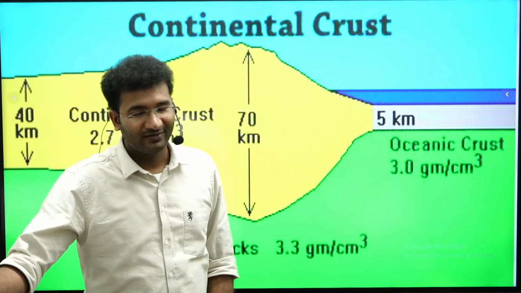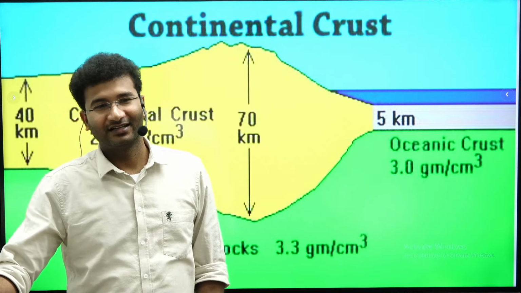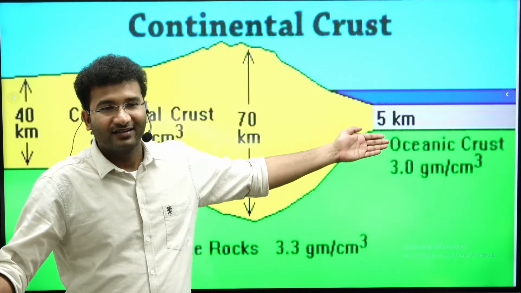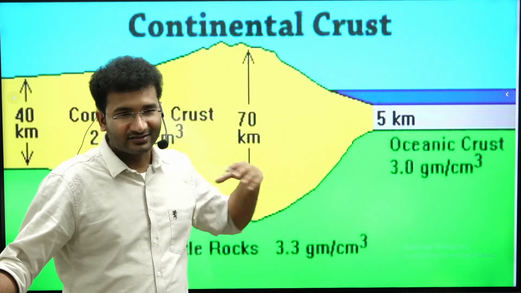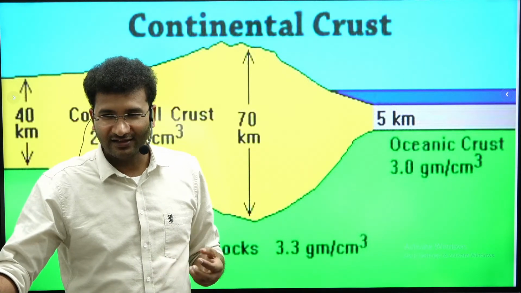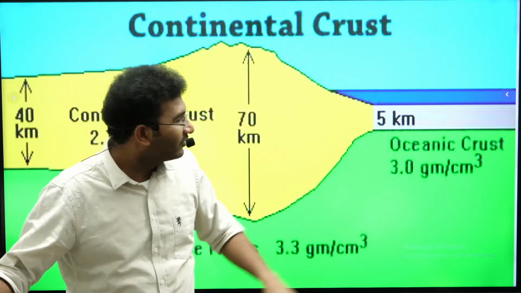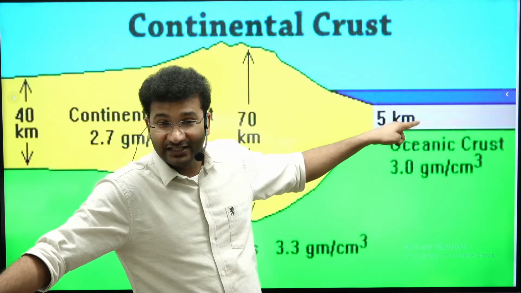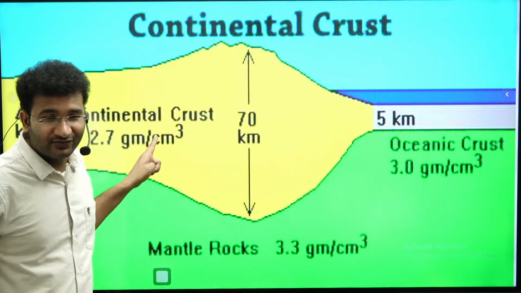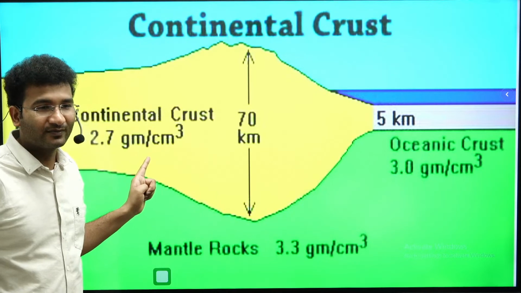No. We'll study in the optional. Here, it is because from the interiors. This you'll get to know about clarity only in the rocks chapter when we study why the density of the oceanic crust is high and why the density of the continental crust is low.